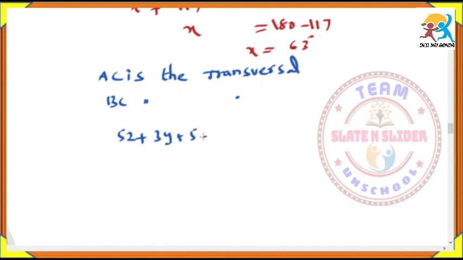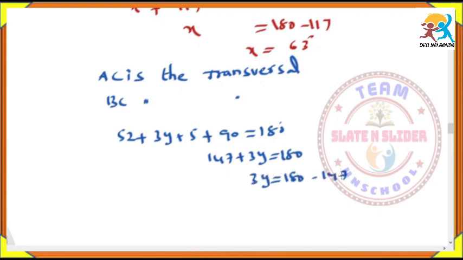So 57 plus 90, 147 plus 3y is equal to 180. 3y is equal to 180 minus 147, so 3y is equal to 33, y is equal to 33 by 3, so y is equal to 11. Like this we have to find.